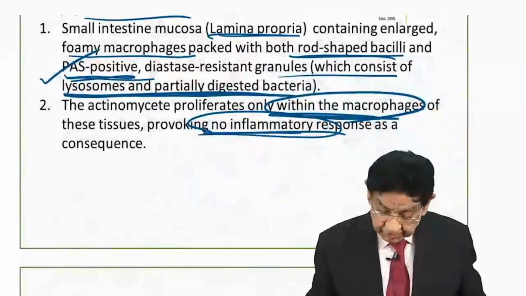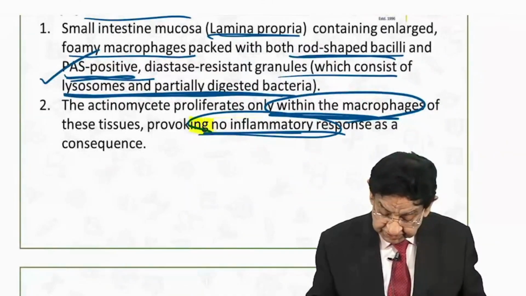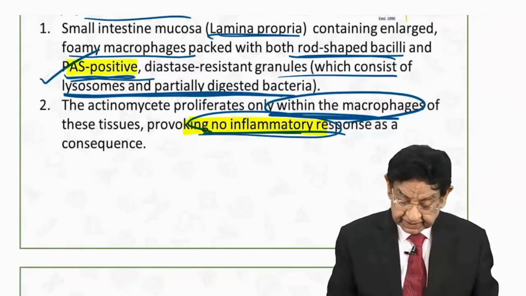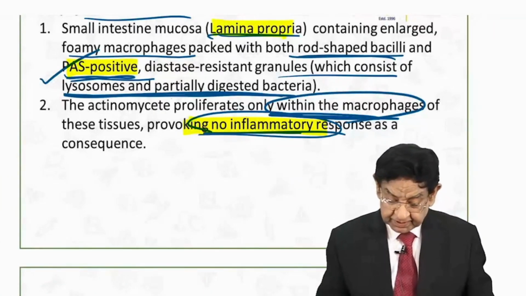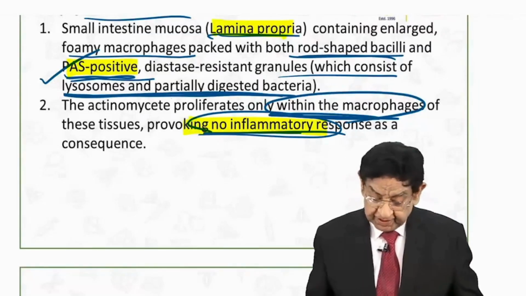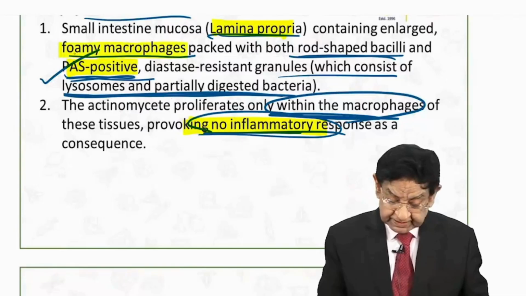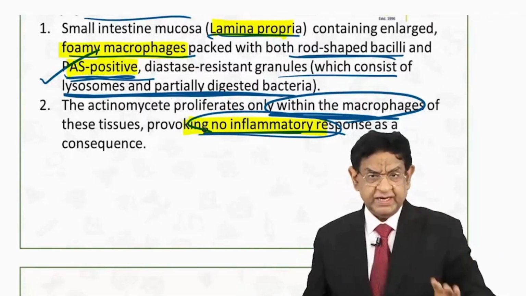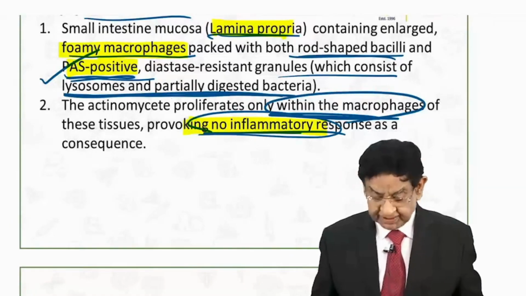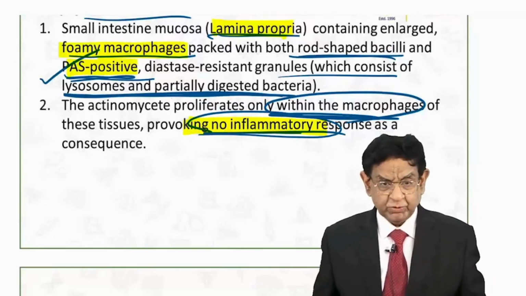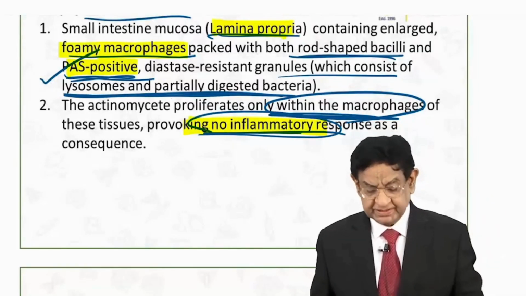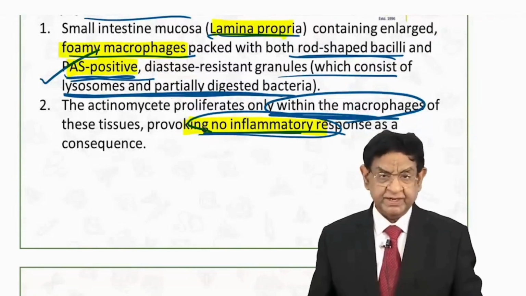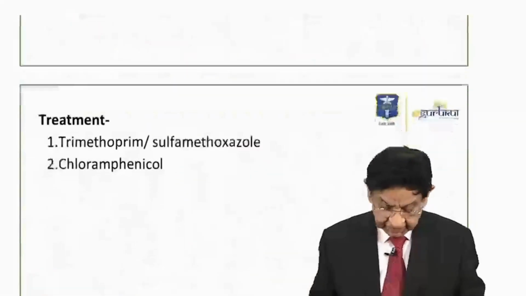So friends, PAS positive, lamina propria, no inflammation, so-called foamy macrophages, that's all. These four keywords are good enough to diagnose a case of Whipple disease. First is lamina propria, second is foamy macrophages, third is PAS positive, and the fourth is no inflammatory response.